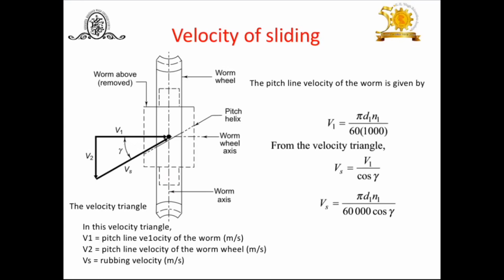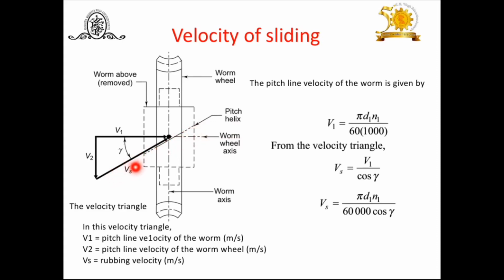The pitch line velocity of the worm is given by V1 is equal to pi d1 n1 upon 60, where d1 is the PCD of the worm and n1 is the speed of the worm. Look at this velocity triangle.